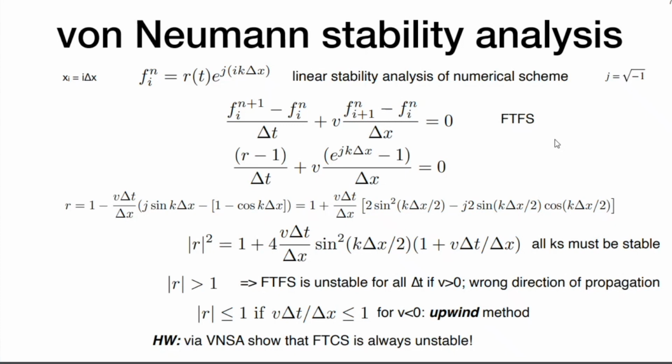Yeah, absolutely. So if you write e to the j k delta x as cos plus j sin, using the Euler identity, e to the ix equals cos x plus i sin x, you get this. And 1 minus cos k delta x, you can do this. So this is a complex number, and this j part represents the phase.